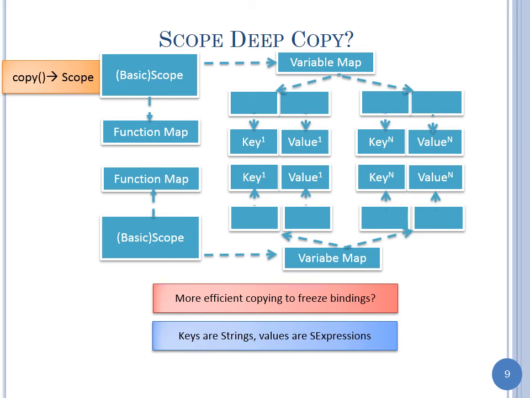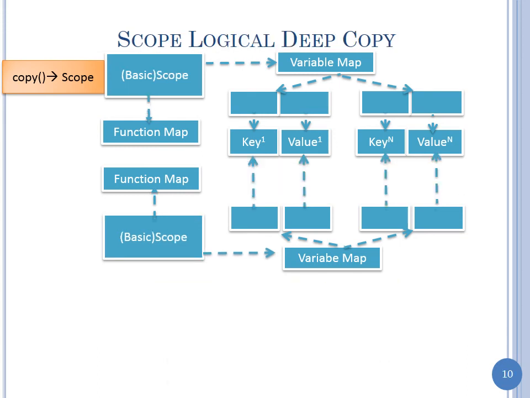Keys are strings, values are S-expressions, both immutable. Okay. So we can just do this. And as it turns out, you don't have to worry about this because Andrew's implemented this, but I just wanted to tell you that this is again a benefit of immutable structures.